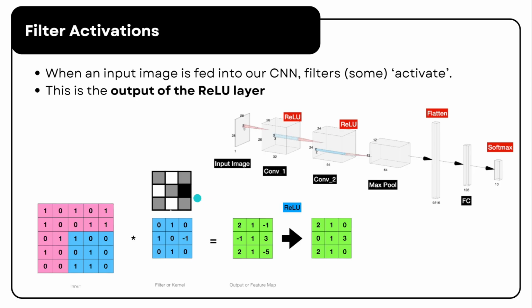When the image is passed through a convolutional layer, each filter scans across the image looking for patterns it has learned to detect during training. If a particular pattern is found, the filter activates, meaning it produces a high value at that location.